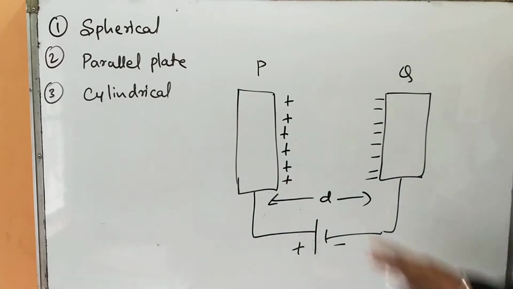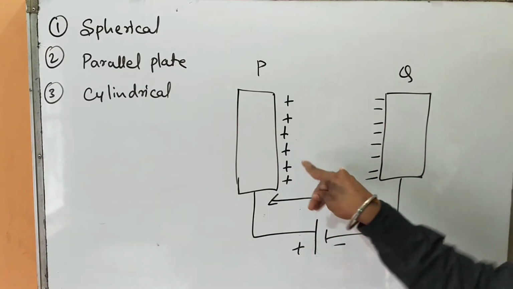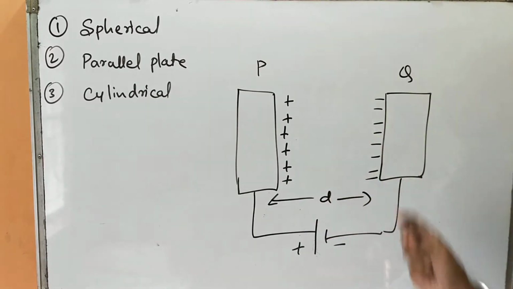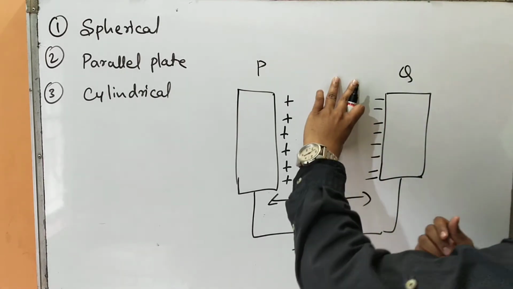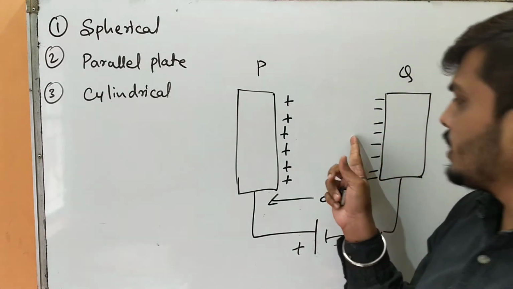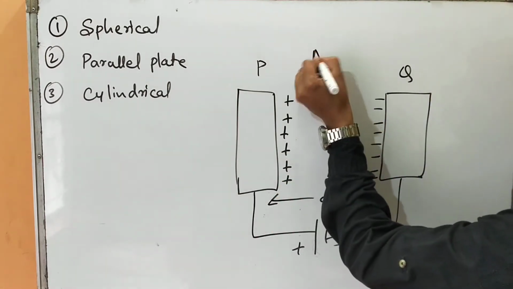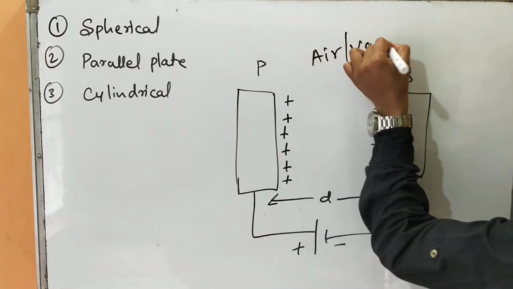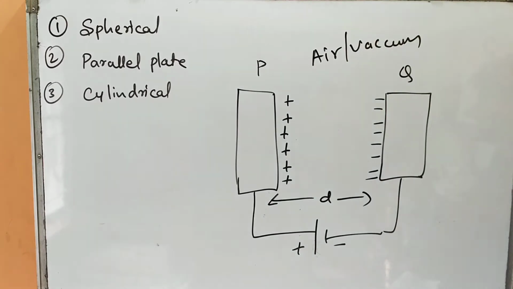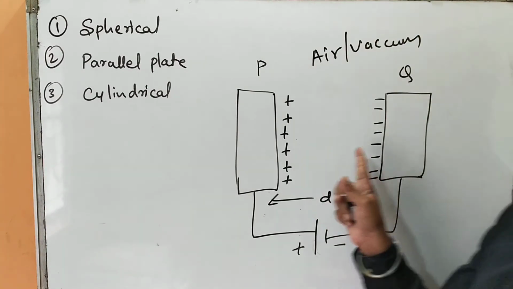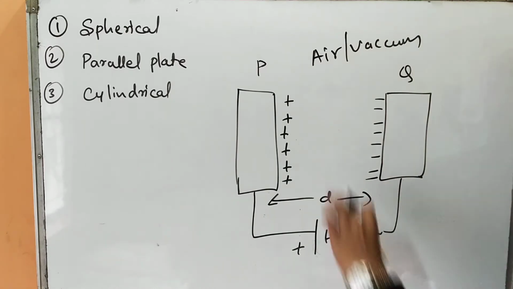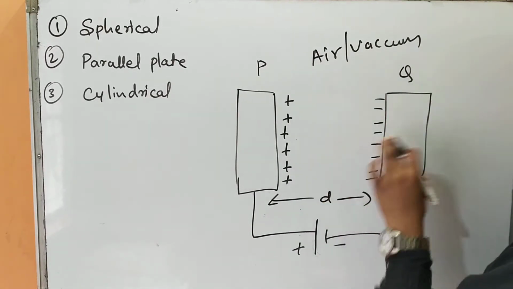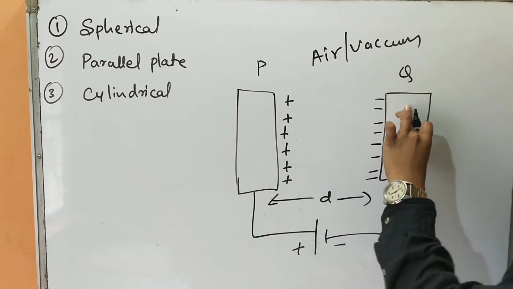These two plates cannot conduct electricity, because they are separated by distance d, and in between there might be any dielectric medium, or for our instance we'll consider they are separated by air or vacuum. Air, since it is an insulator, cannot conduct. Now students, the important thing is that since they are separated by a certain distance, the plate has accumulated the negative charges.